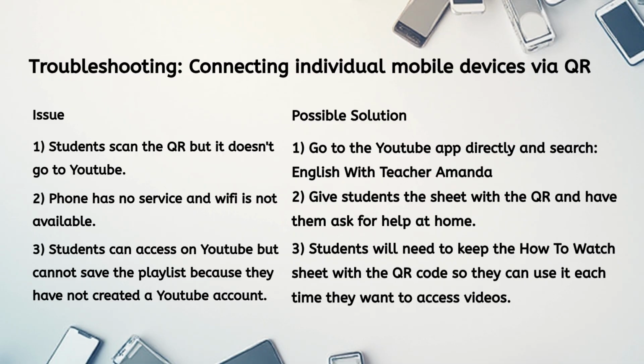It'll come up. It's nicer if the QR code does it, but it might not. You might have trouble with everything because your phone has no service or the Wi-Fi is not available at your school. So you would just give them the sheets that have the QR codes and say, I want you to try it at home. Hopefully they have some sort of internet on their phone or a friend who has something.